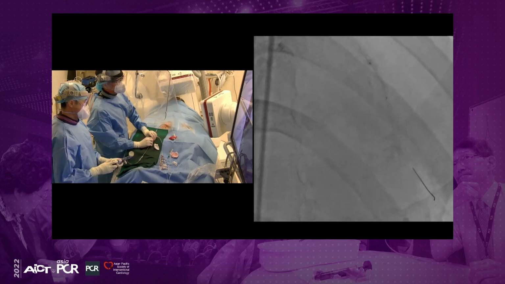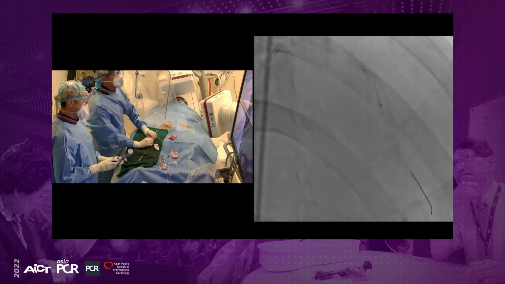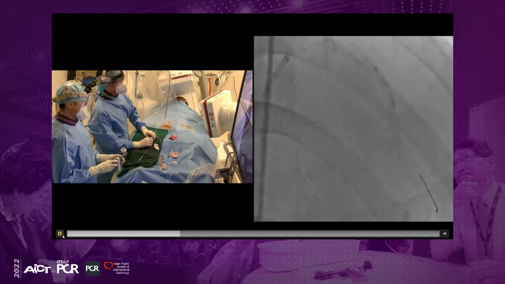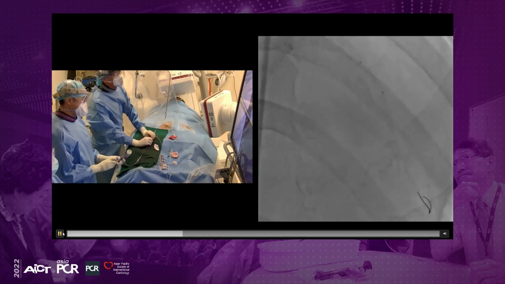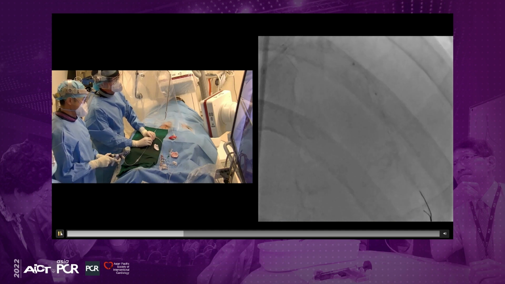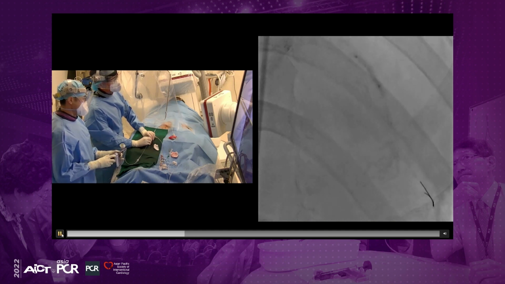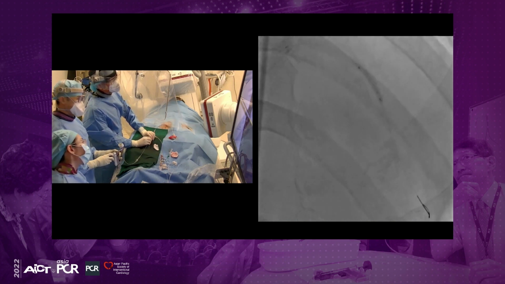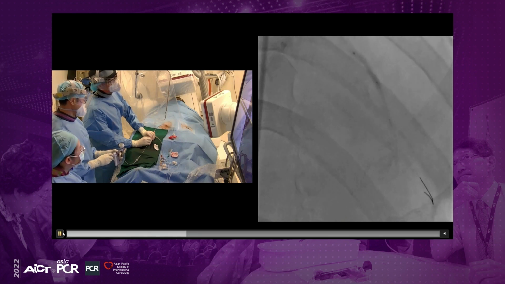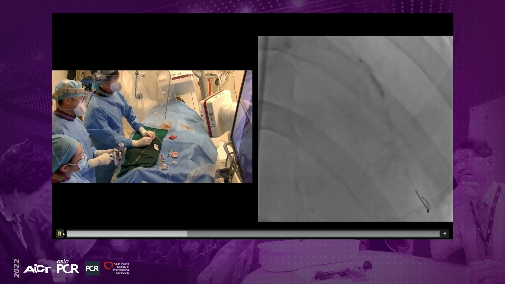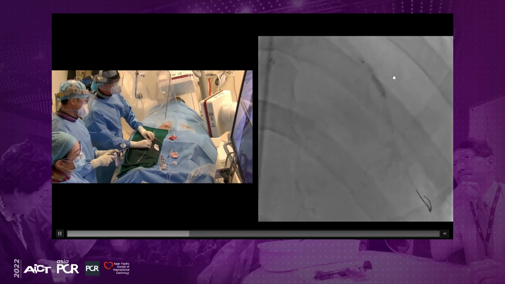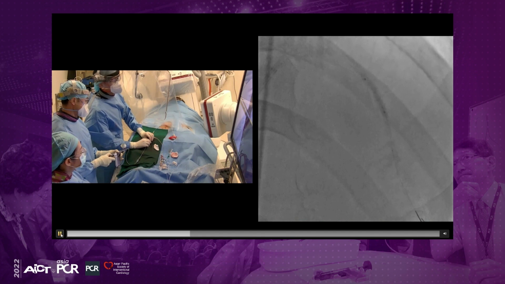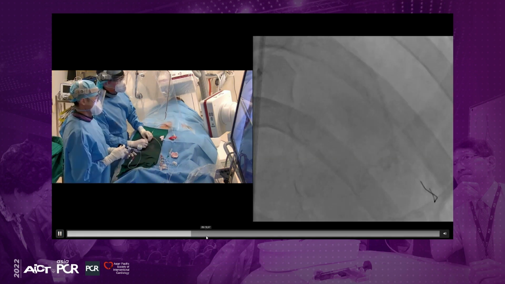We just went up to the rated pressure, which is relatively low actually for the Wolverine, at 12 atmospheres. So we try to keep with the IFU, although I have personally gone up to like 18 on the Wolverine, but sometimes it's better to stay out of trouble. So for this case here, I just went up to the rated 12, and there was still some waisting, despite us having multiple inflations.